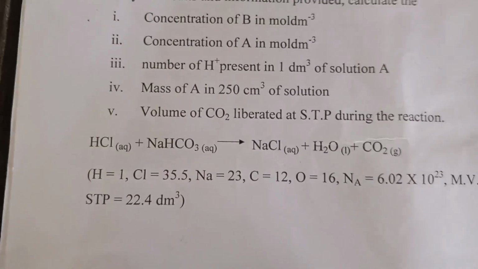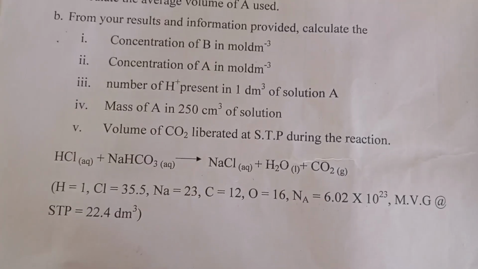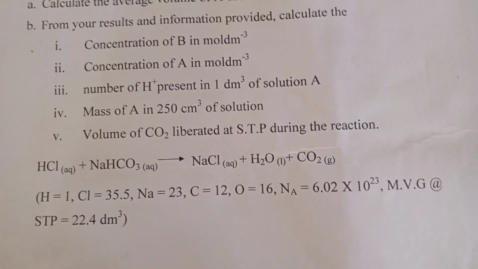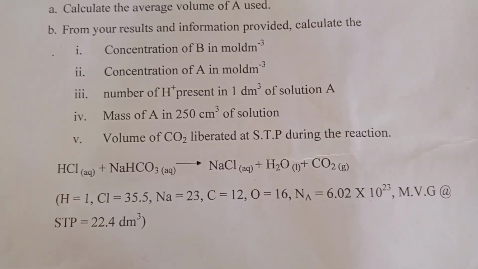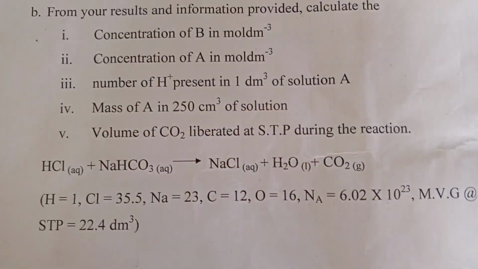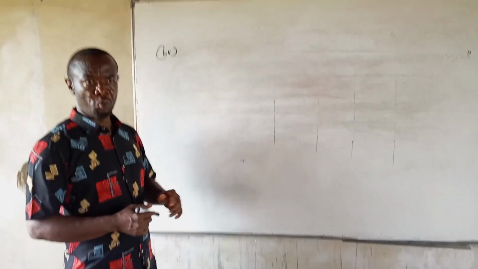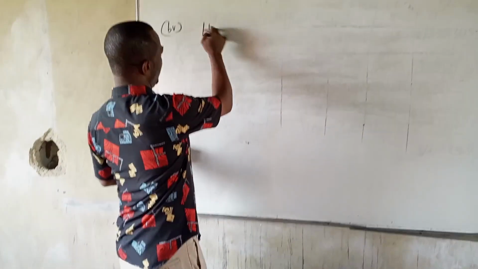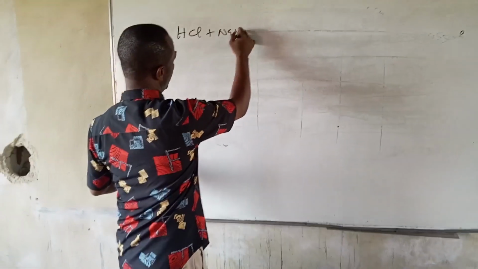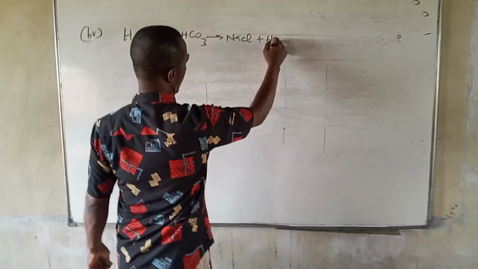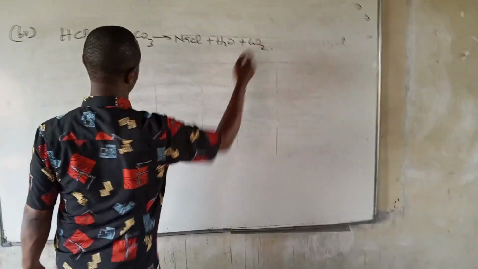Number V says the volume of CO2 liberated at STP during the reaction. So let's look at that. To find the volume of CO2 liberated, we have to go to the equation. The equation is HCl plus sodium bicarbonate gives sodium chloride, water, and CO2.